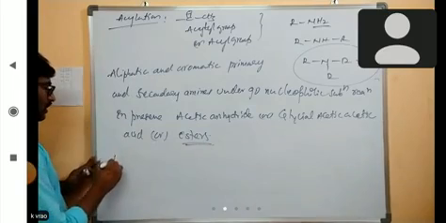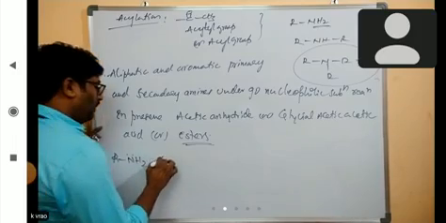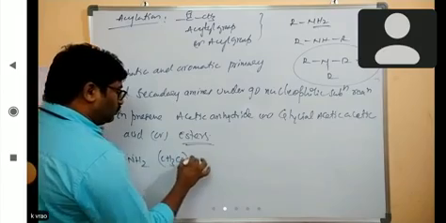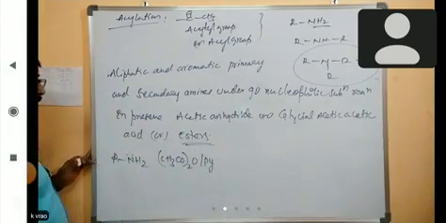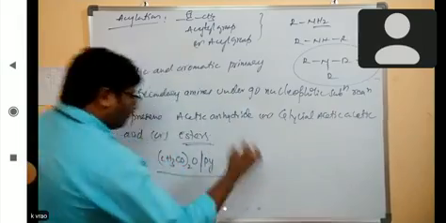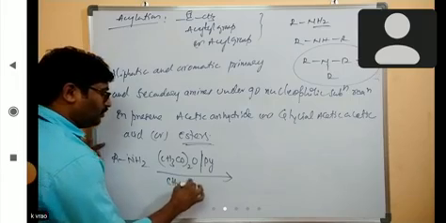The reaction is RNH2 plus acetic anhydride (CH3CO)2O with pyridine, or else the ester CH3COOC2H5.